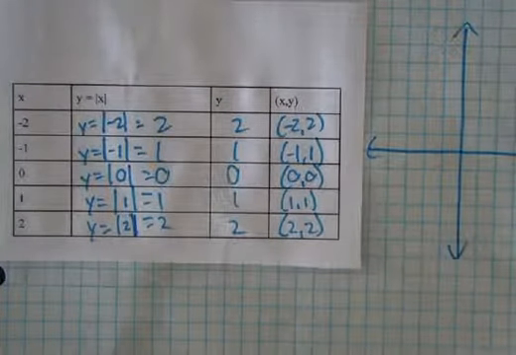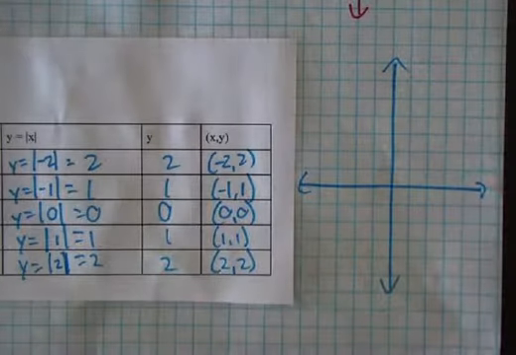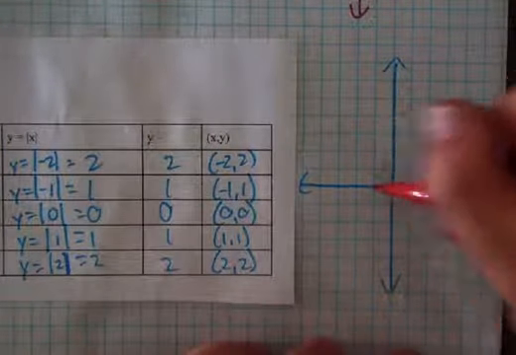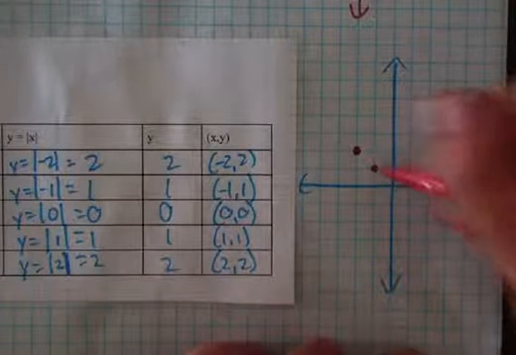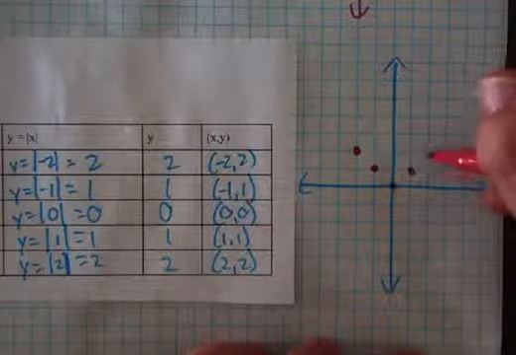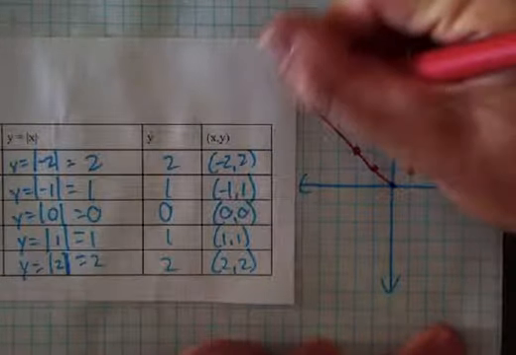We've got negative 2 comma 2, negative 1 comma 1, 0, 0, 1, 1, 2, 2. This looks like two straight lines that make a V.